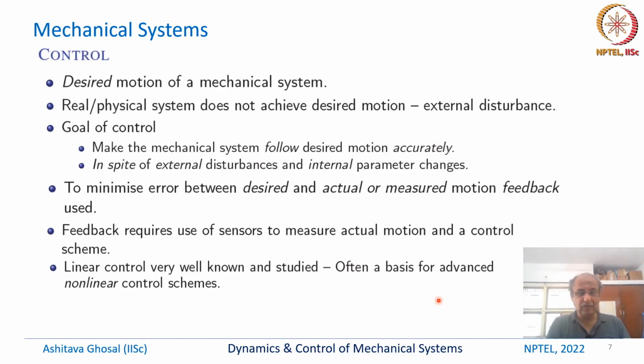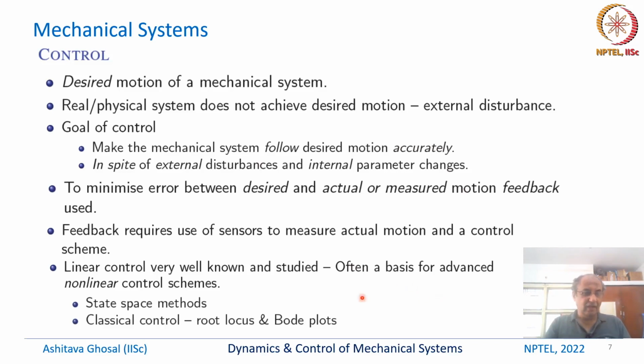So we will not look at nonlinear control schemes in this course. The two main ways in which we look at control are state space methods and classical control. Classical control consists of root locus, Bode plots and other frequency domain approaches. We will not look at the frequency domain approaches in too much detail.